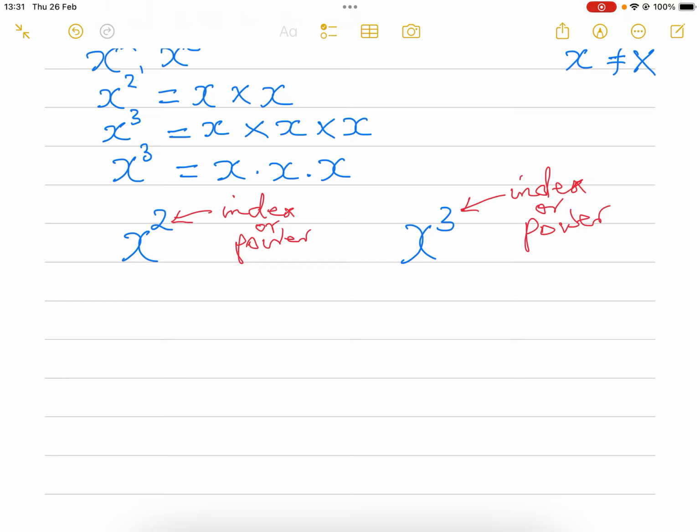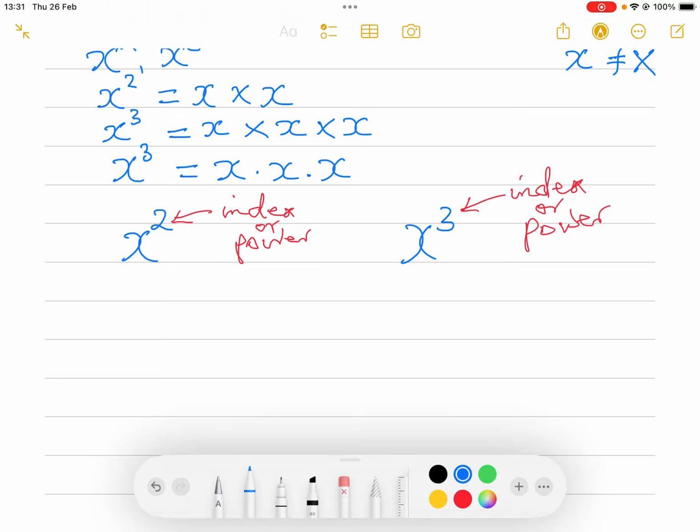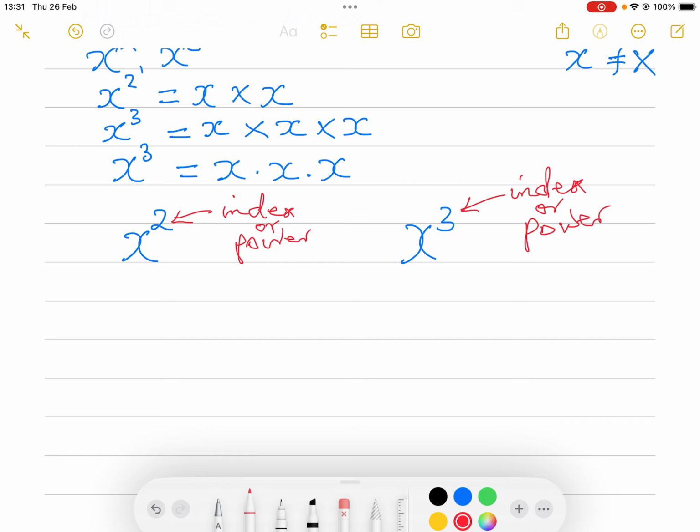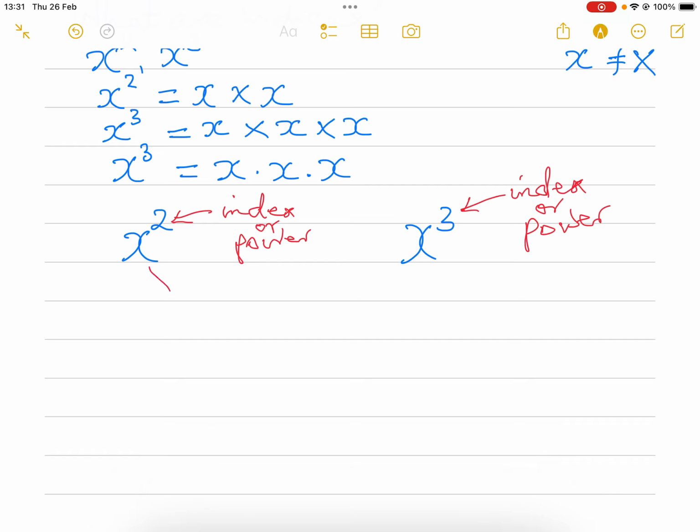So the number there at the top is called the index or power, while the x is referred to as base. The x is base.